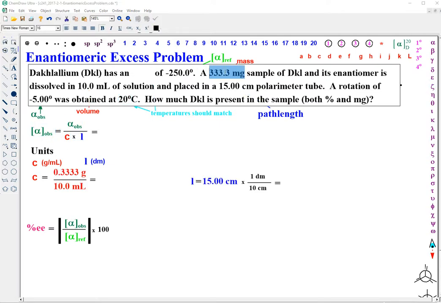I have converted 333.3 milligrams to grams. You must become experts at doing this. Drug doses are always in milligrams. Balances in the lab are always in grams. Mistakes cannot be made.